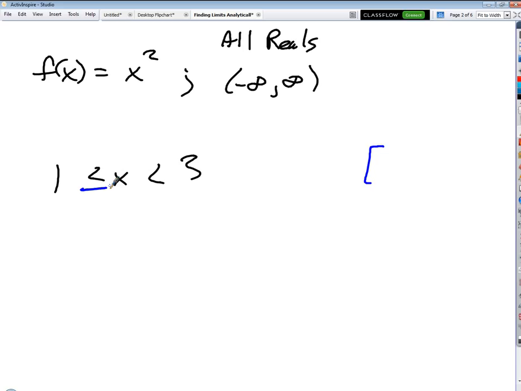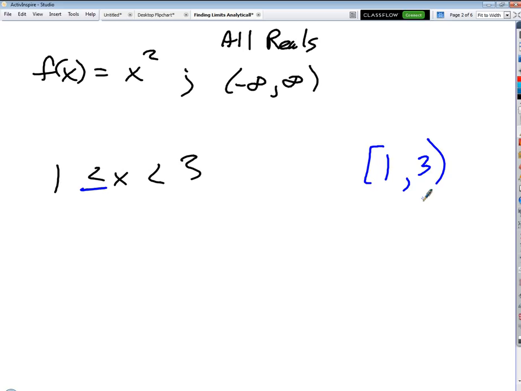Here's a way to remember that. A bracket takes a little bit more ink to draw than rounded parentheses because it's including the endpoint, okay? So we'd have a bracket, bracketing the 1, saying that the left edge of the domain is pushed all the way up to and including 1. The right edge of this part of the domain stops at 3 but not inclusive. Okay, does that make sense? It's just less than. That means it's a parentheses. Yep.